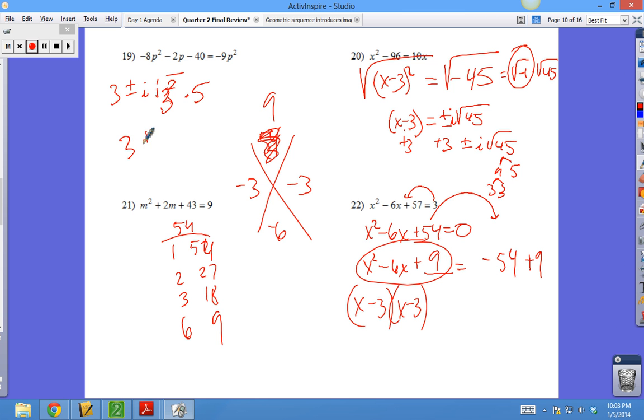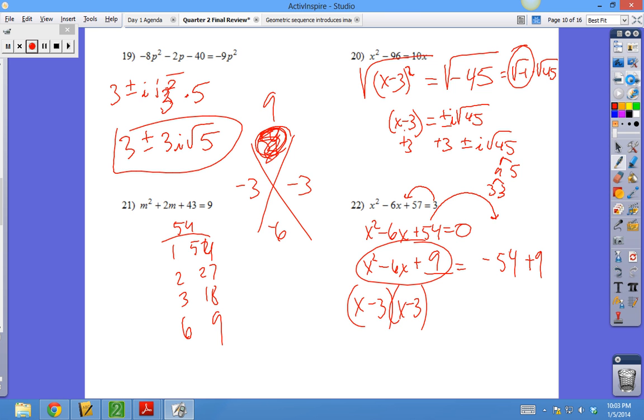So it's going to be 3 plus or minus 3i times the square root of 5, because 3 squared is going to come out. That square root is going to undo the square. So 3 plus or minus 3i times the square root of 5. So if it does not work, they give you a number that's going to make it so it does not work, just kick that number to the other side, replace it with the number of your choice, complete the square, and you should be in business.